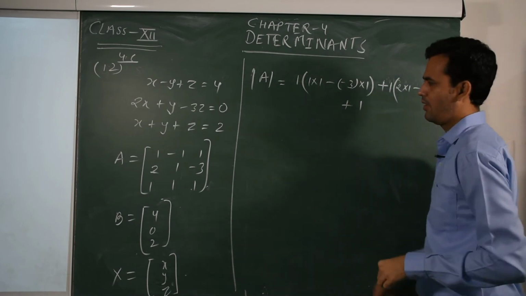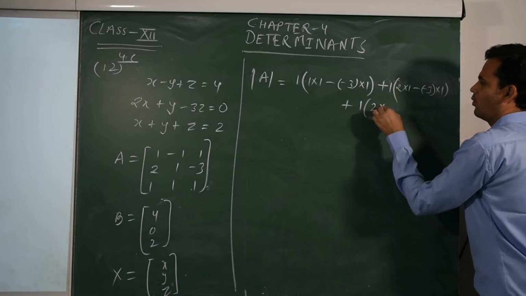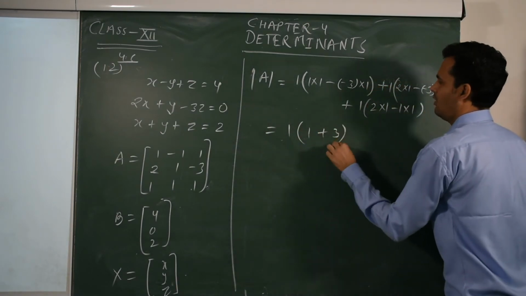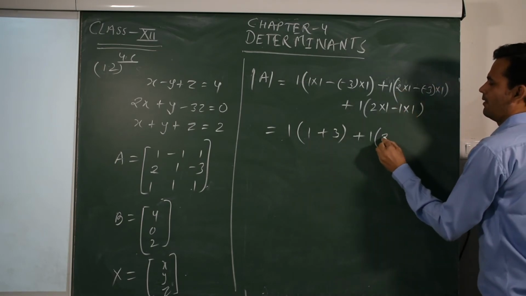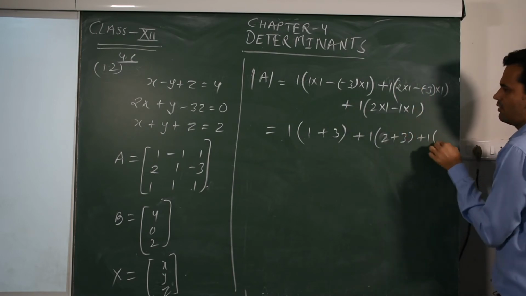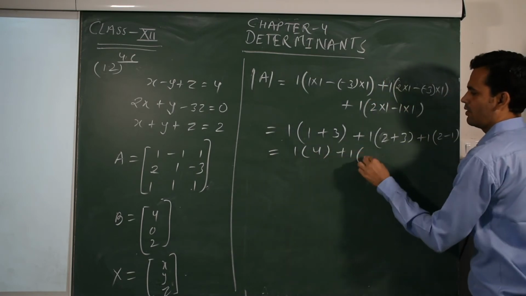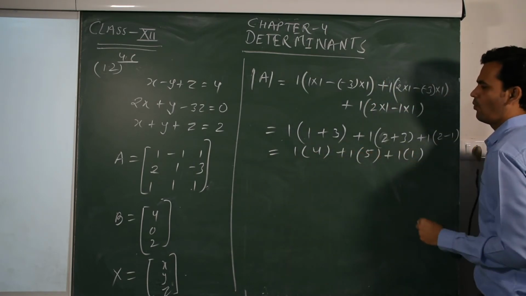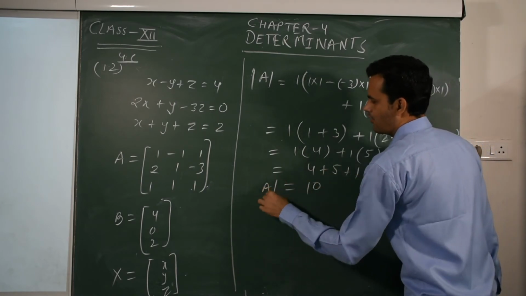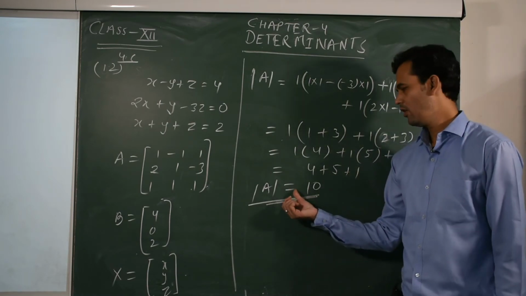And for the third, we take this into this minus this into this, so 2 into 1 minus 1 into 1. So 1 into 4 plus 1 into 5 plus 1 into 1, so it's 4 plus 5 plus 1, 10. The value of determinant A is 10.